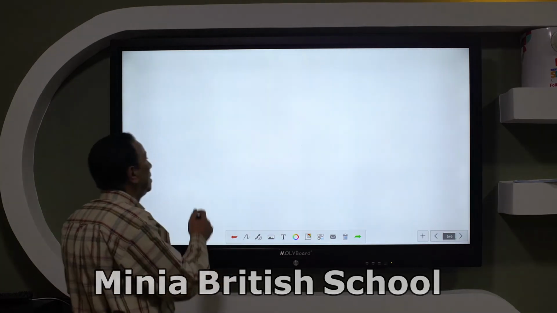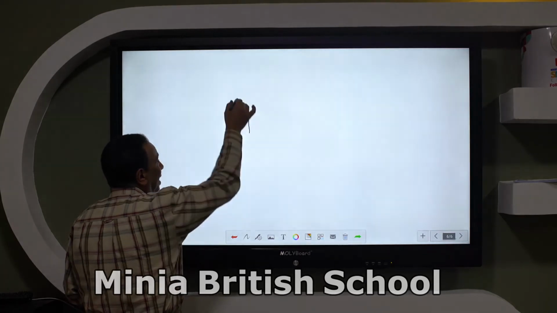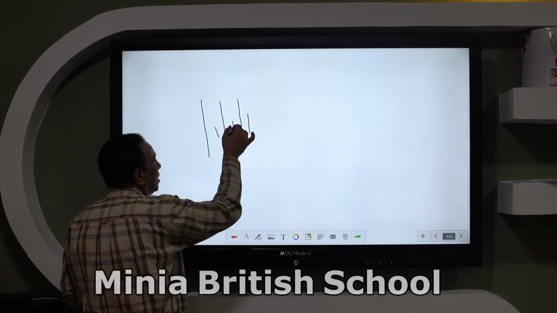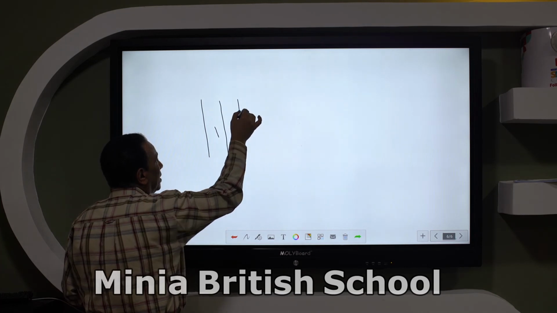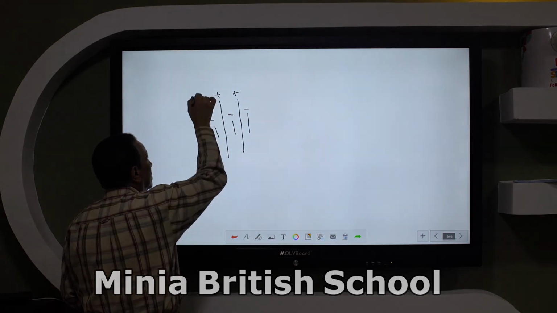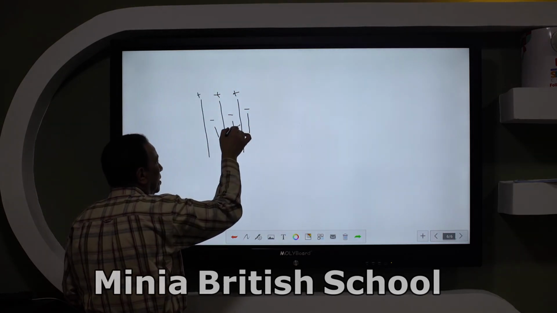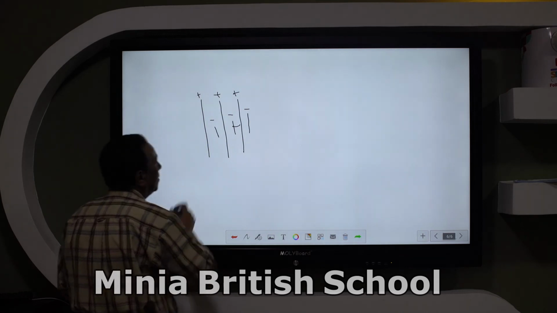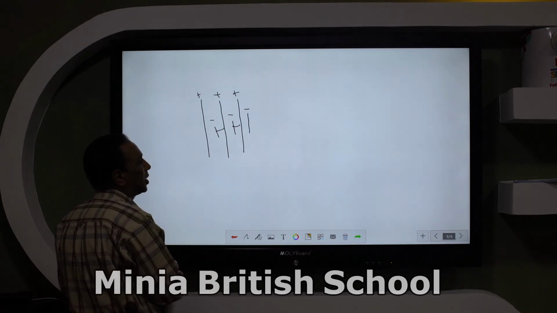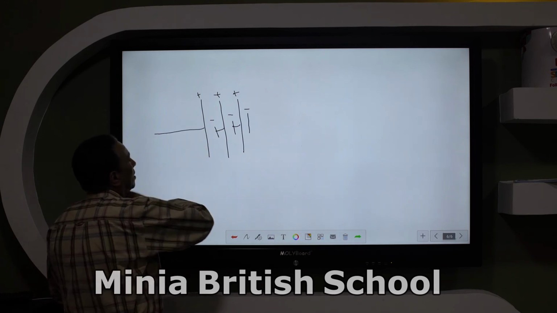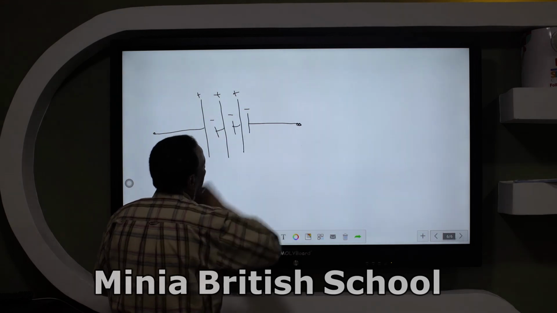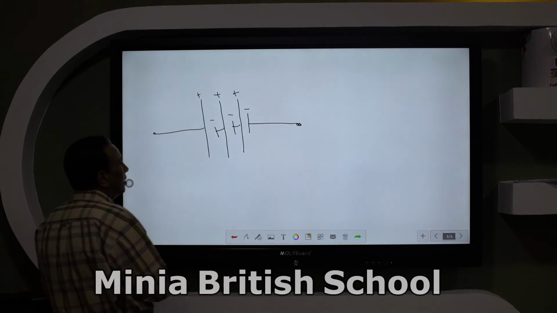If we have 3 cells connected in series, I'm going to connect the positive of the first one with the negative of the second one, the positive of the second one with the negative of the third one, and the positive of the third one will be the battery's end.